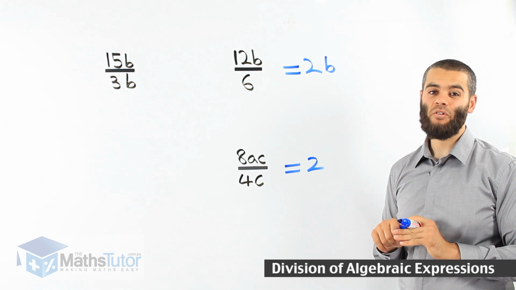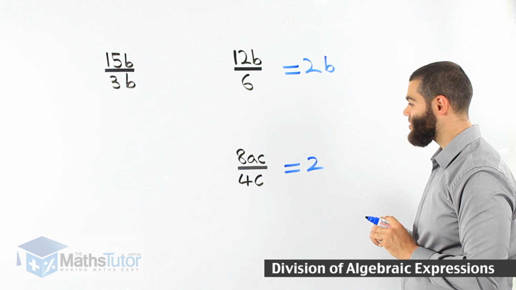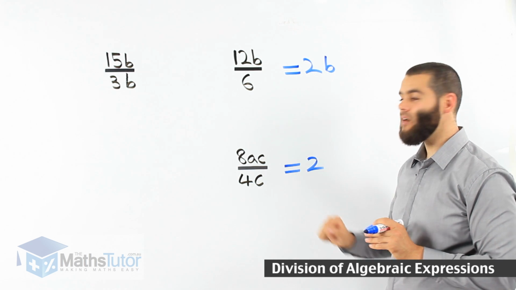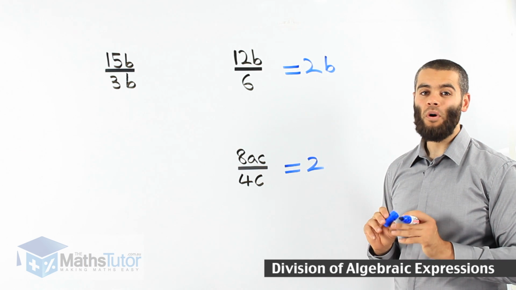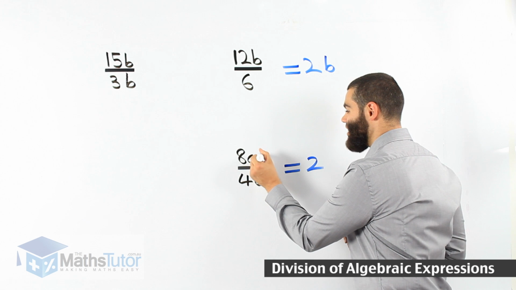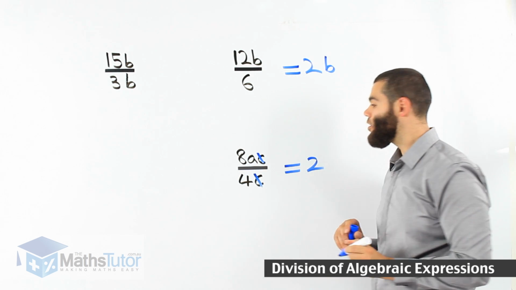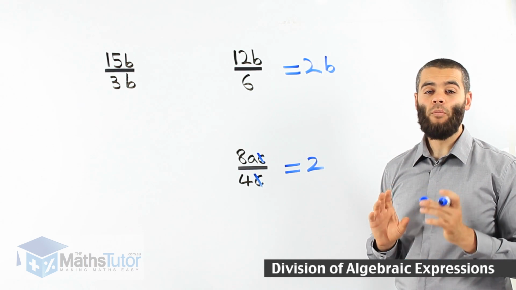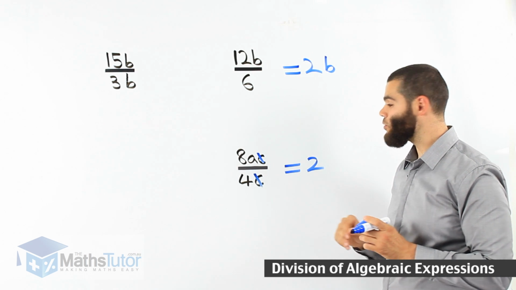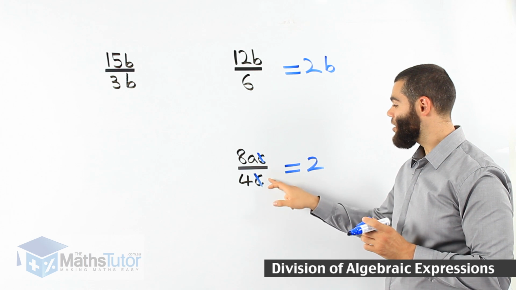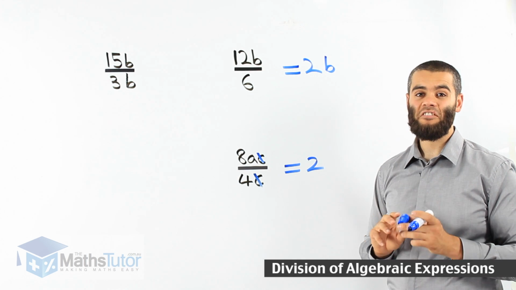Now here is something critical. What do you notice? You notice we have a c on top and a c on the bottom. We actually cancel the common pronumerals. The c is on top, the c is on the bottom, they actually cancel out.